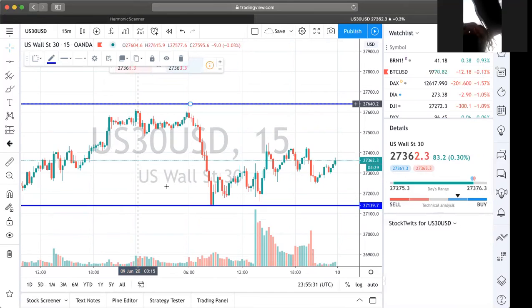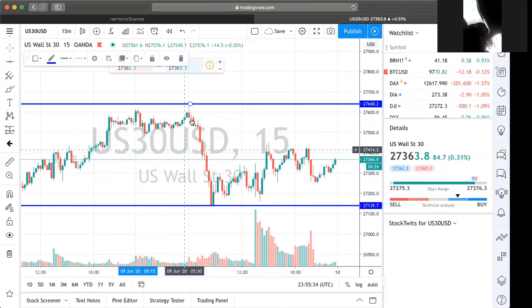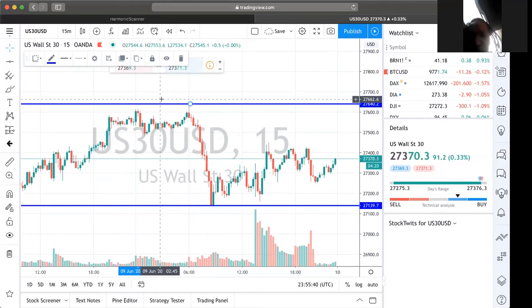The support is the bottom, and your resistance is, wait a minute, am I saying that right? Yeah, your support line is pretty much your floor, and your resistance is your ceiling. So these two lines are considered your support and resistance lines. That's all it is.